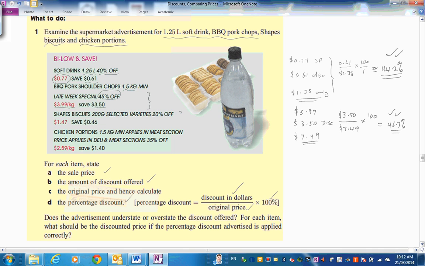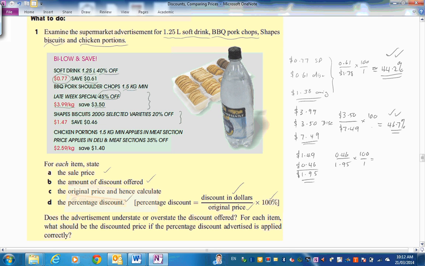Let's do the biscuits. The biscuits are $1.47, and we're saving 46 cents. So what's happening there? We have the original price of $1.95, so the percentage discount is $0.46 over $1.95 times 100 over 1.